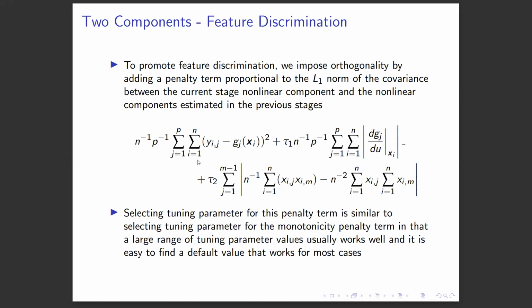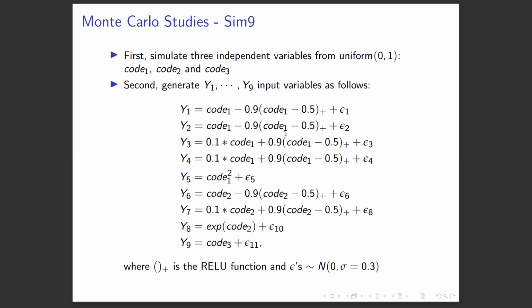One way to promote that feature discrimination is to add another penalty term that's proportional to the L1 norm of the covariance between the current stage nonlinear component and the nonlinear components estimated in the previous stages. Now in our loss function we have two penalty terms and two tuning parameters, but selecting the tuning parameters in this problem is quite easy. It's very robust. It's not critical to the performance.